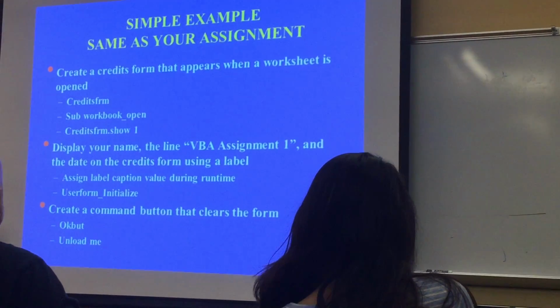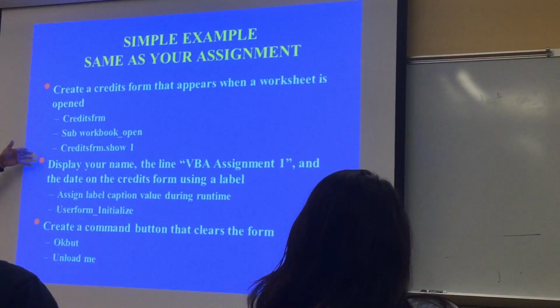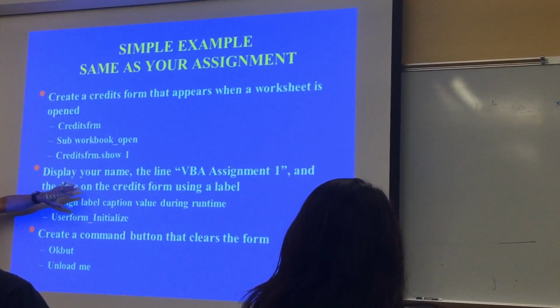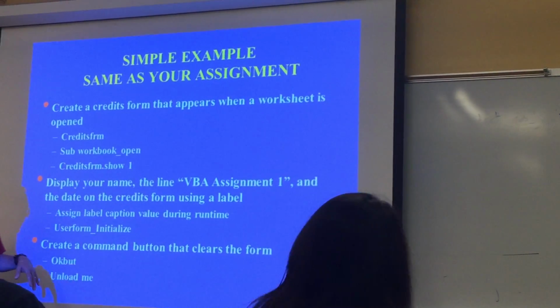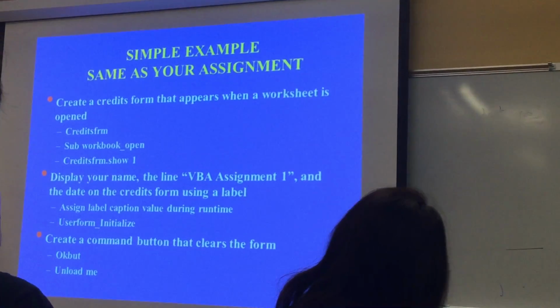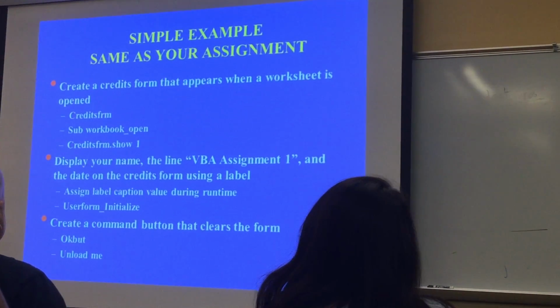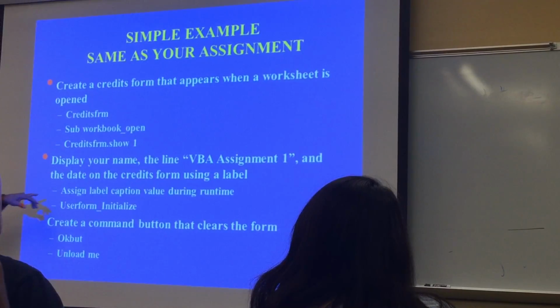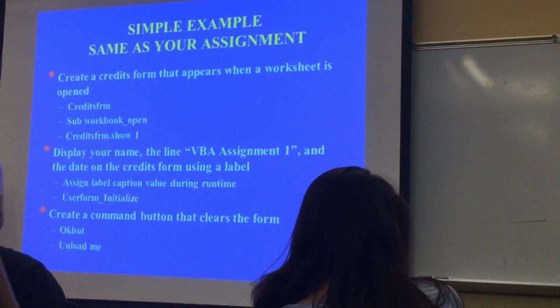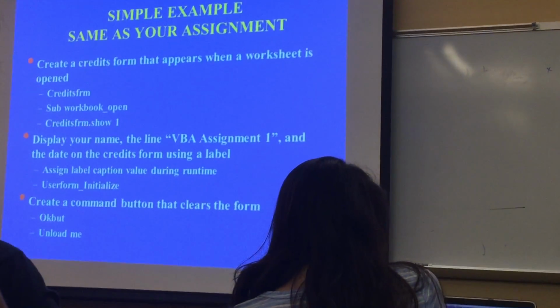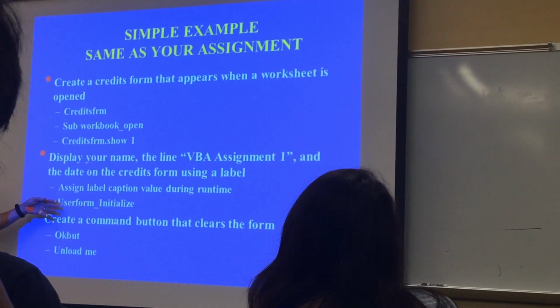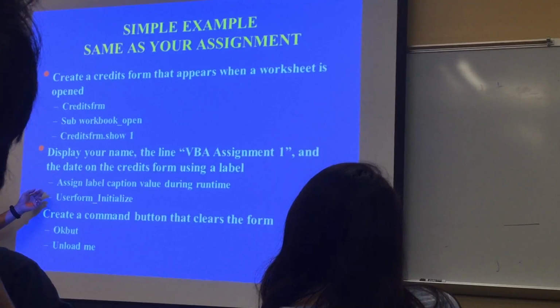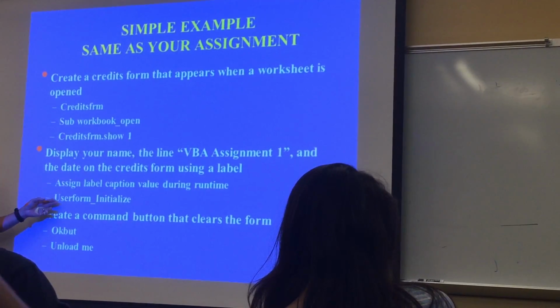And then when this form shows up, what I want you to have on there is your name, VBA assignment number 1, and the date, using a label. And I want you to assign the label caption value during runtime, and we're going to do that when the form itself loads. There's an event called initialize.